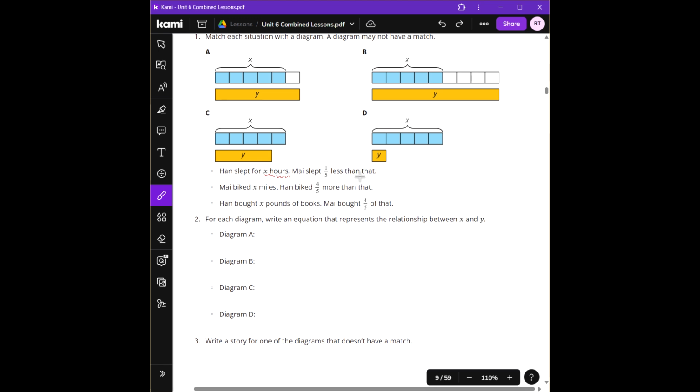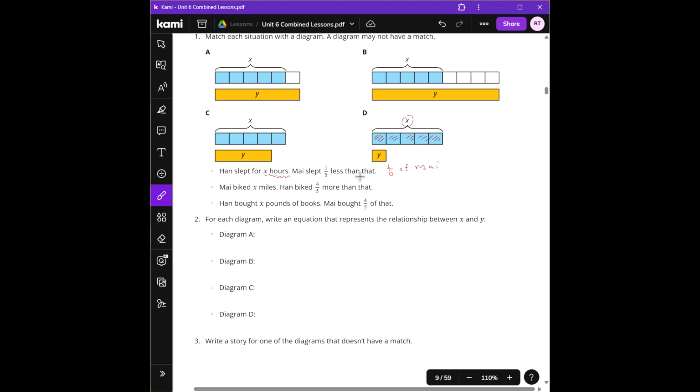So here we're going to have 1/5 of May. So if we look at this, we can see that our X, or Han, is X hours.